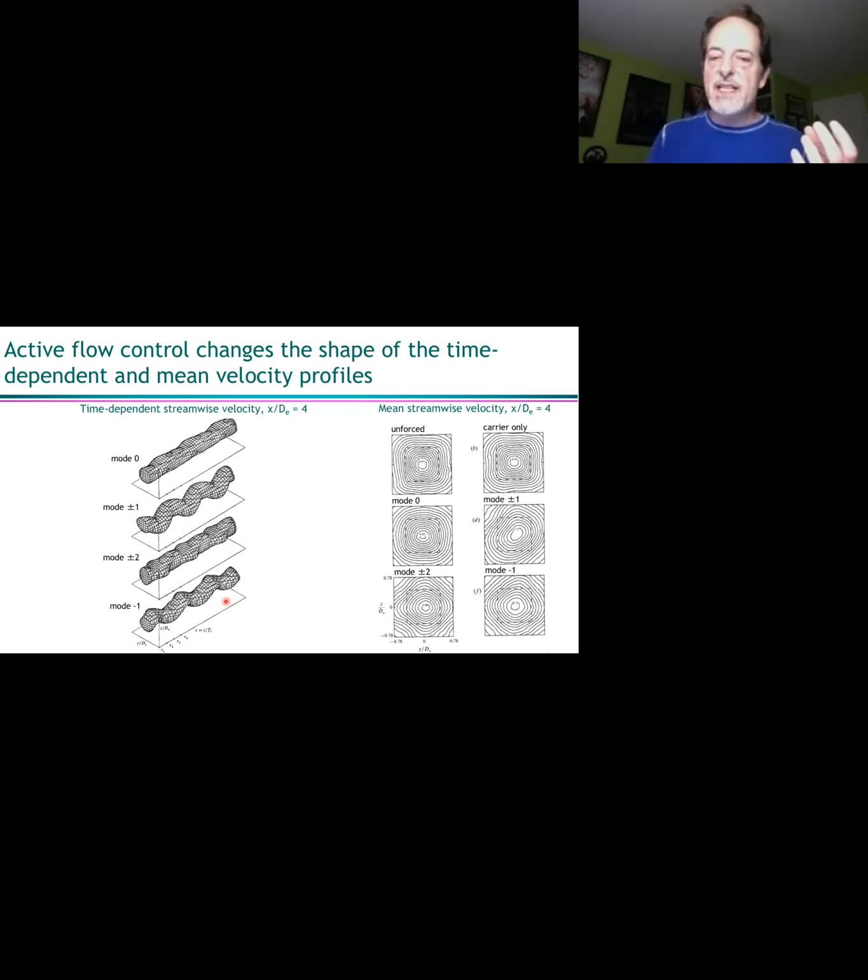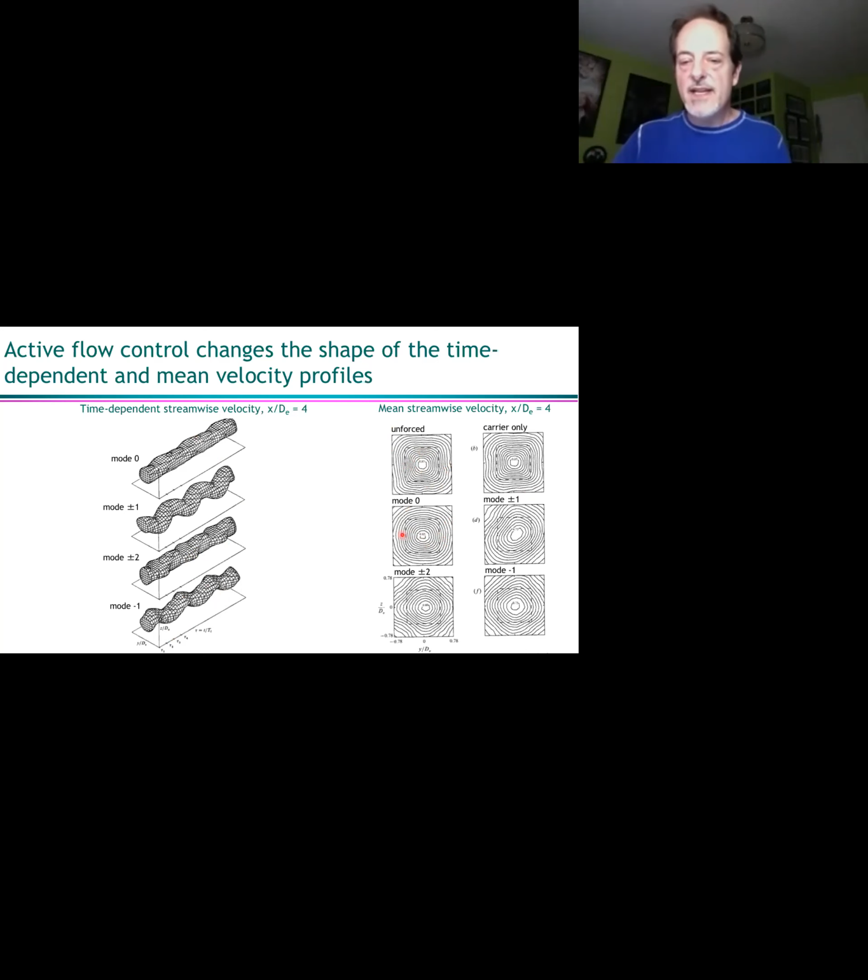When you do this, it actually has the effect of changing the mean or the time averaged velocity profiles, which is pretty interesting. And again, this is 4 jet diameters downstream, so you're a long way away from the actuators. So the unforced flow, as you would expect, is square.